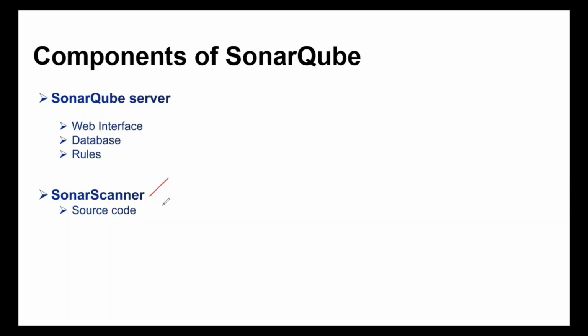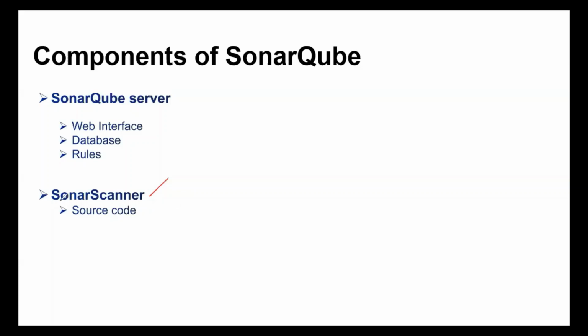In a real-time scenario, we will deploy the Sonar Scanner on a Jenkins server, because in the CI/CD pipeline, it is Jenkins which pulls the code from the GitHub repository. It compiles the code using Maven, and the compiled version of the code is pushed to the Artifactory, and from there it goes to SonarQube for the static code analysis.